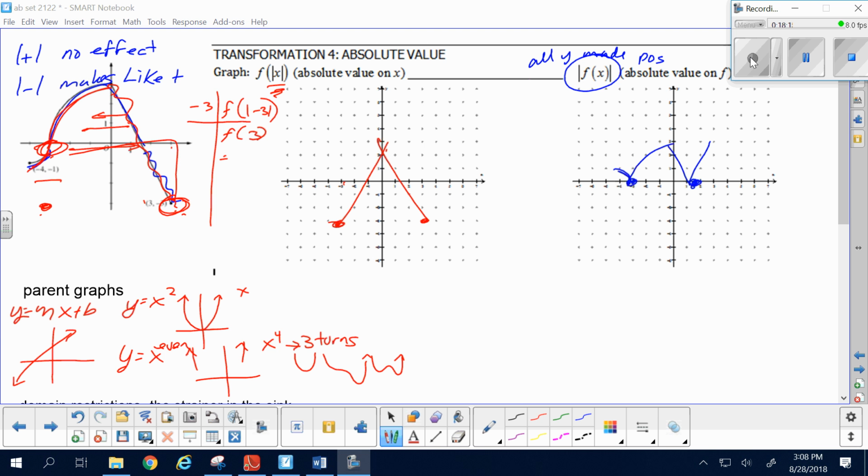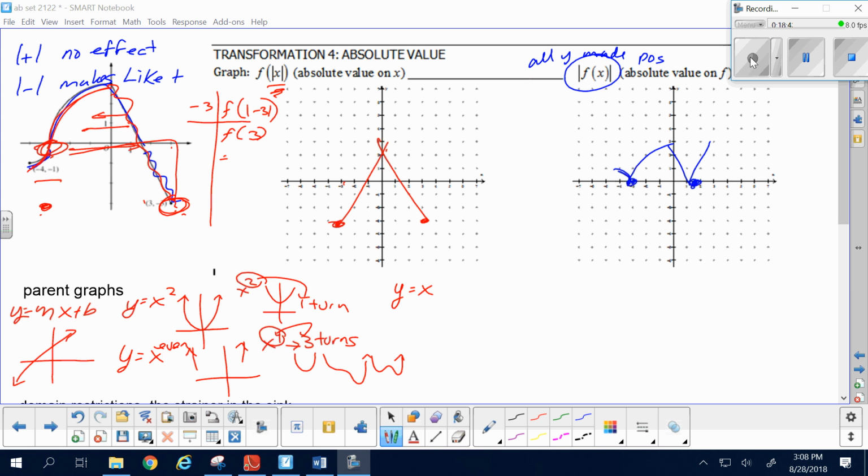X squared only takes 1 turn, so it feels like the bigger the exponent, the more turns it can take, and in fact the connection is that it's minus 1. If the power is 2, then the number of turns is 2 minus 1. If the power is 4, then the max number of turns is 4 minus 1, or 3 turns. The bigger the power, the more turns it can do. Let's look at odd.